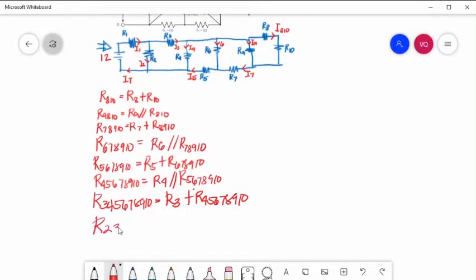So R2, 3, 4, 5, 6, 7, 8, 9, and 10 in parallel.